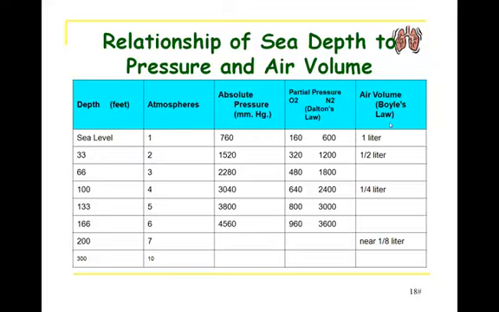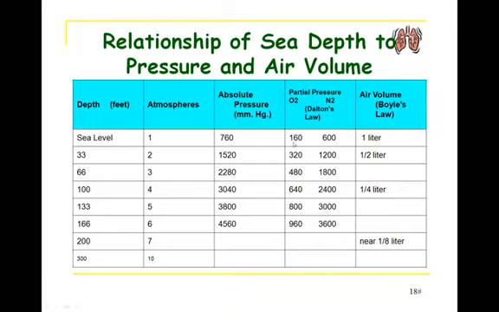As a result of the compression of those compartments, the pressure increases. And so we're going to notice that absolute pressure increases the further you dive. At sea level, your absolute pressure, barometric pressure, is 760 millimeters of mercury. That corresponds to 1 atmosphere. So we can say it's 1 atmosphere.